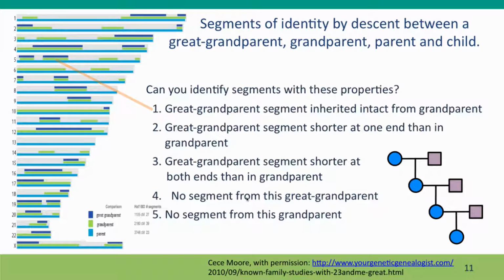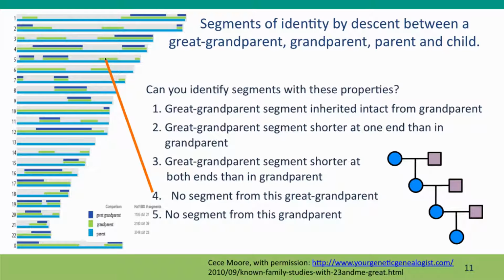You can also find segments where the great-grandparental segment is shorter at one end than the grandparent, so there would have been a crossover there, and segments where the great-grandparental segment is shorter at both ends here, and we can say, well, there would have been a crossover there and a crossover there. Finally, we can find segments that did not come from the great-grandparent at all, such as this one.